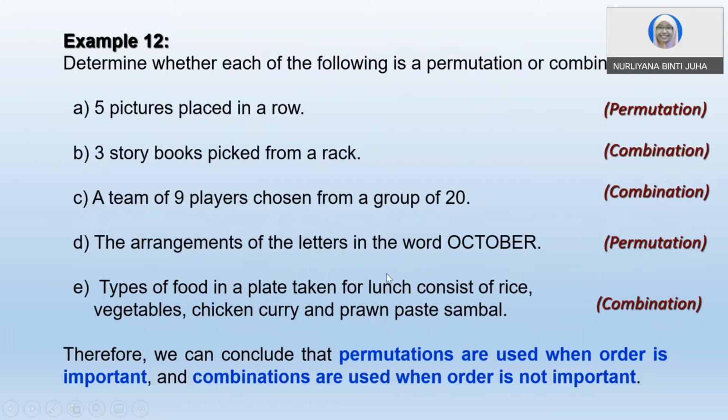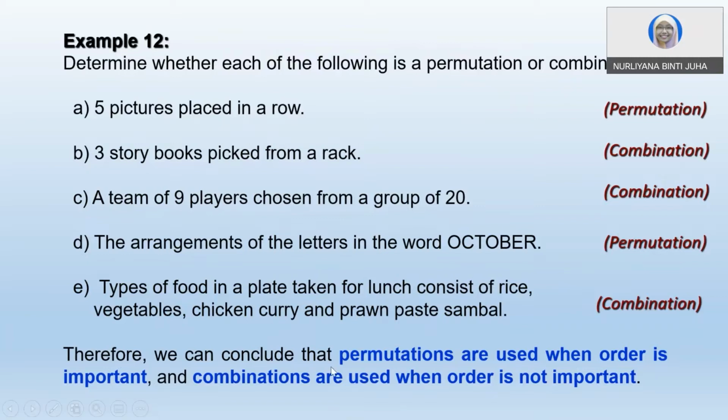Kan sedap. So dia ada pelbagai food, pelbagai lauk lah. So this one dia tidak mention the prawn paste ni letak dekat mana, rice letak dekat mana. No, it's not mentioned there. So this is just a combination.